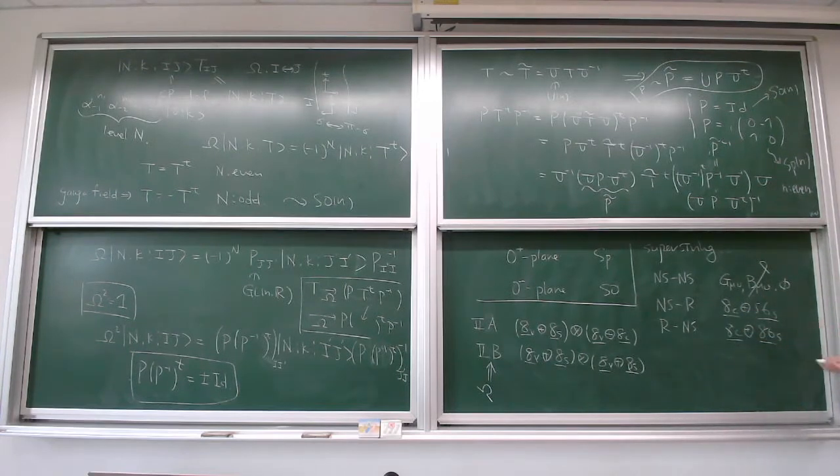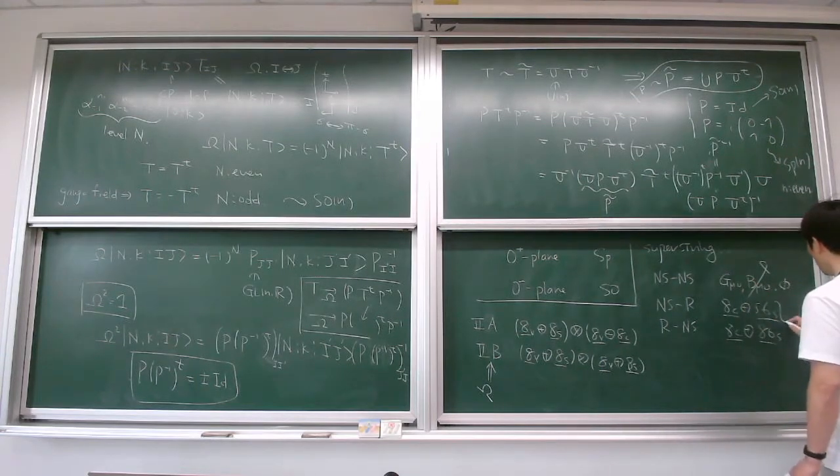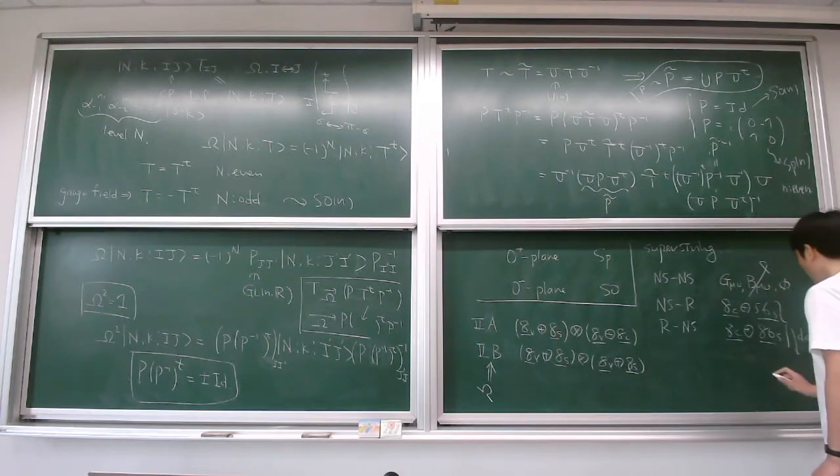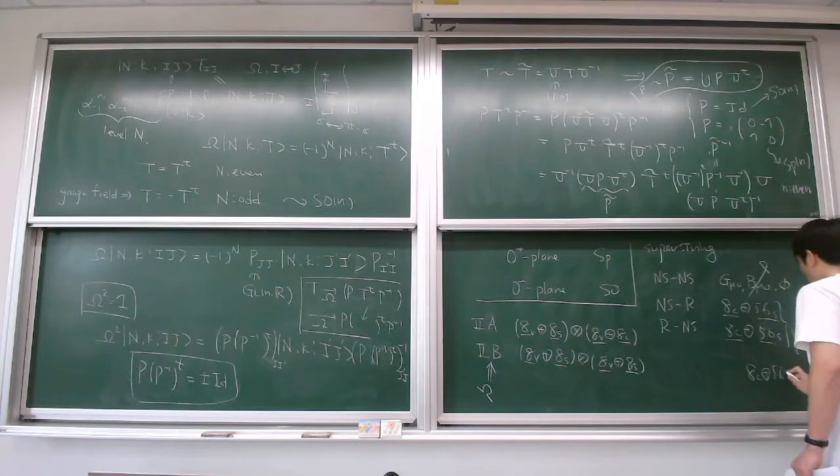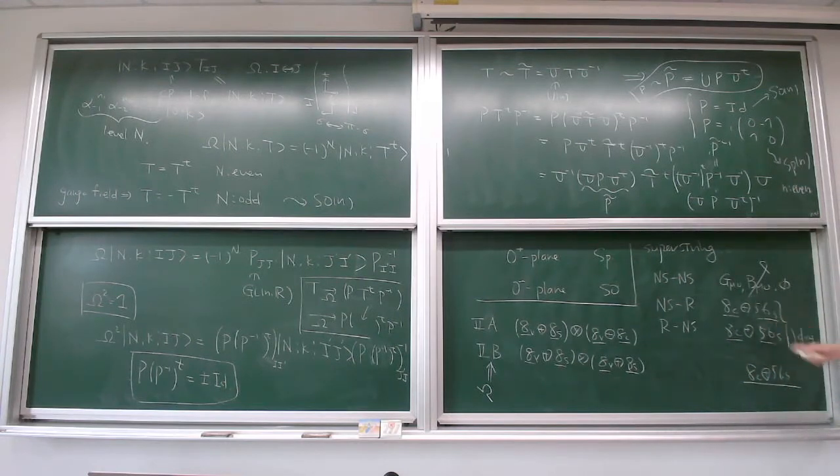But the orientifold projection will identify only the diagonal part, so the diagonal part survives, which is the 8_C plus 56_S. Only one copy. It used to be in type 2B that you have two copies of the 8_C plus 56_S, but only one copy will be left after orientifold projection.